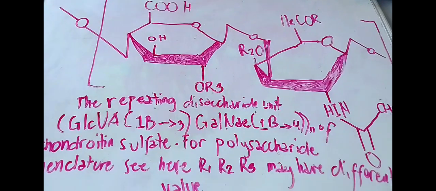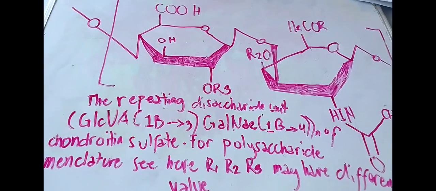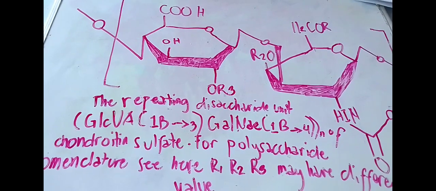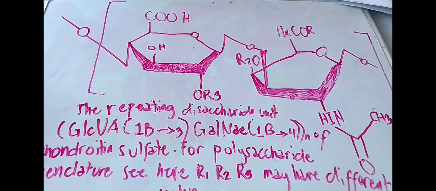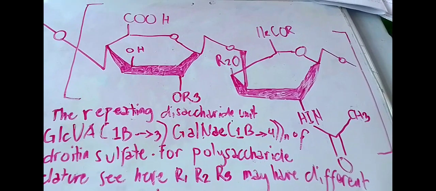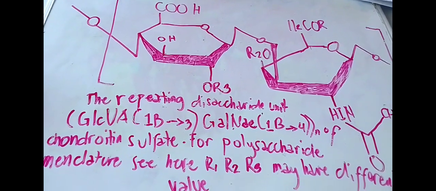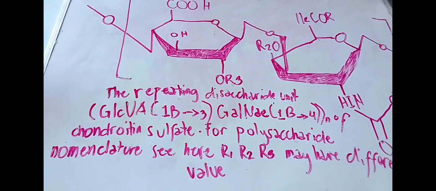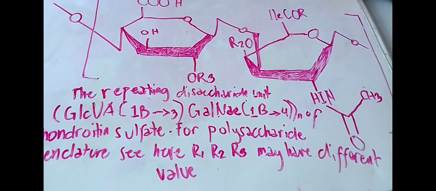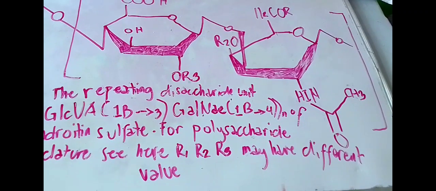The repeating disaccharide unit GlcUA 1β to 3, GalNAc 1β to 4 of chondroitin sulfate. For the polysaccharide nomenclature, see here R1, R2, R3 may have different values.